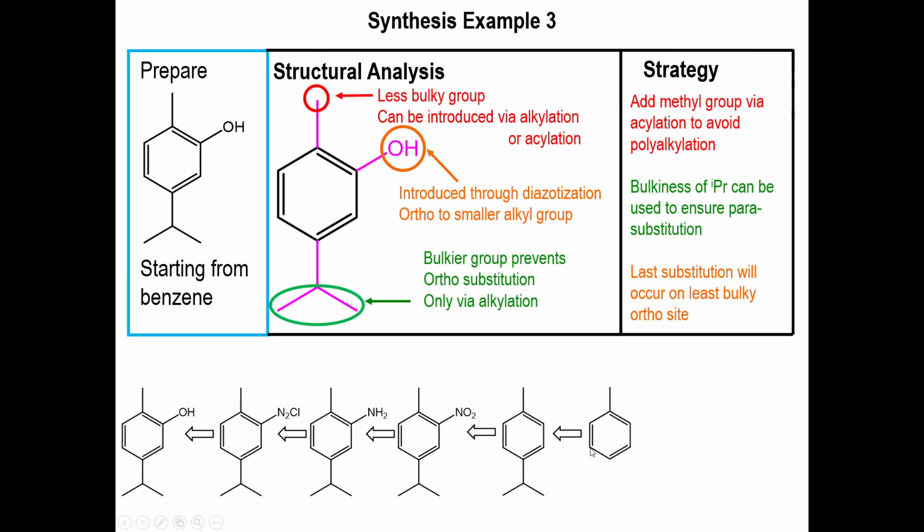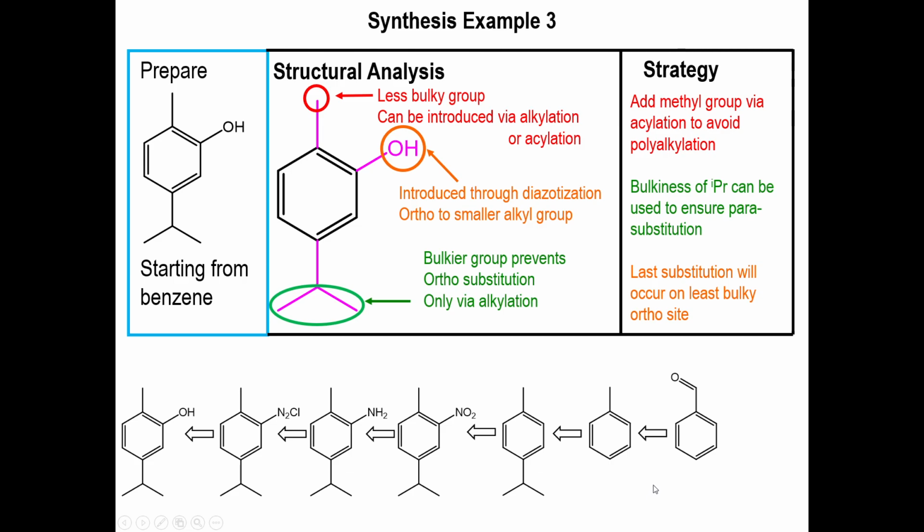All right, so here, making the isopropyl methyl derivative, we can make that from the toluene derivative by alkylating toluene with isopropyl chloride. And because of the bulkiness of isopropyl, it is very likely that you're going to generate almost exclusively the para substitution as opposed to the ortho substitution if you start from toluene.